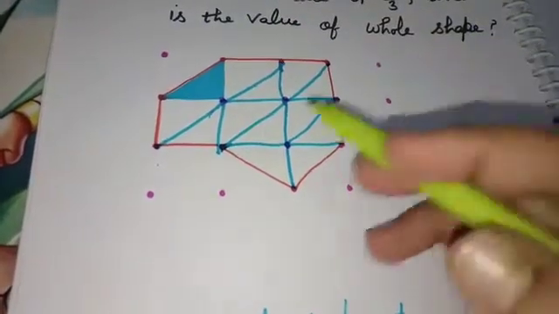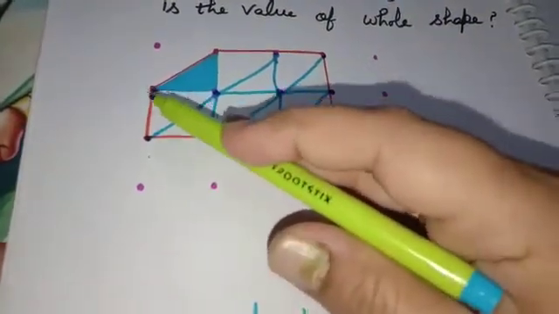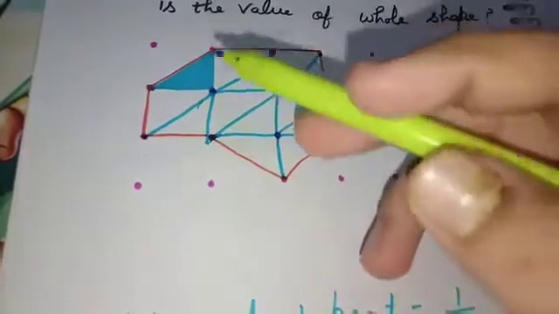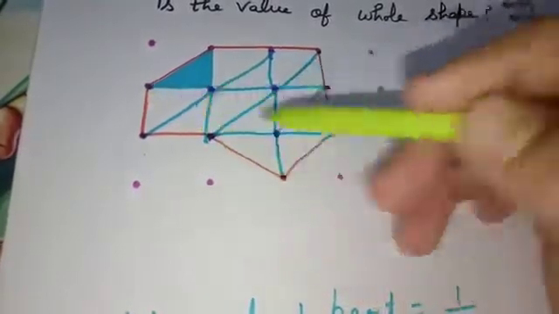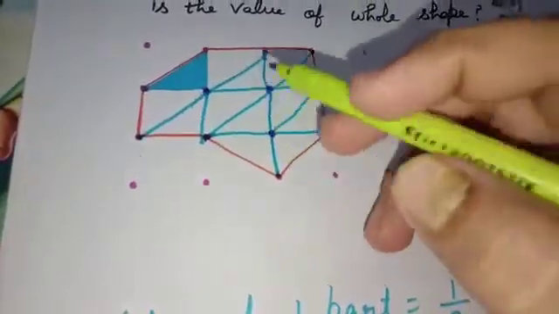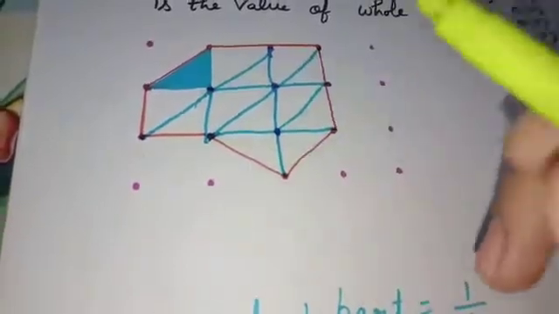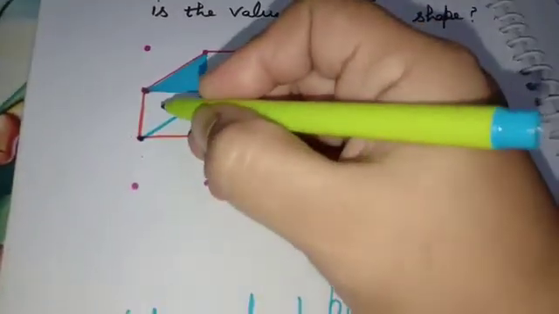Okay, these are the parts which are having the shape similar to the given shape. Now count the number of shapes.